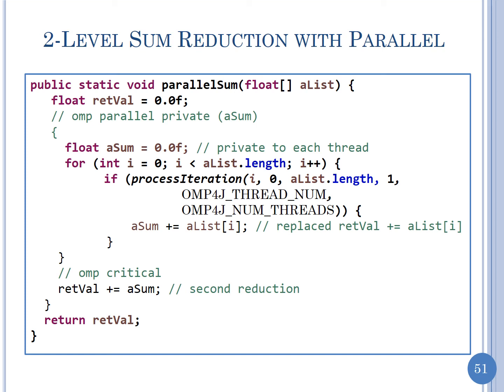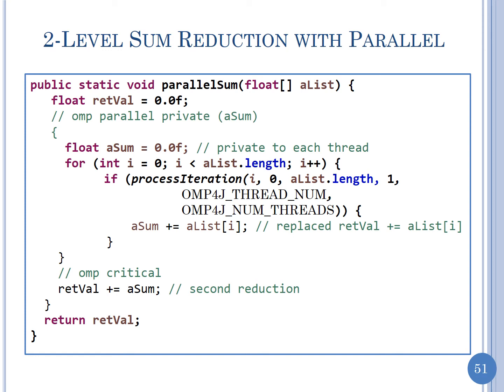Now that we haven't put the parallel in the for, we'll have to do our own division of work in process iteration, because we aren't using OMP for. And then we'll add up the values. Now, before we finish our parallel work, we'll add my value to retval in a critical section. That will be at the end of the sum.